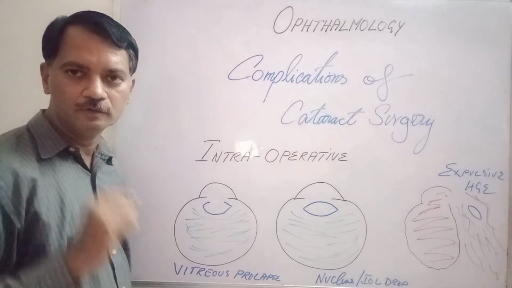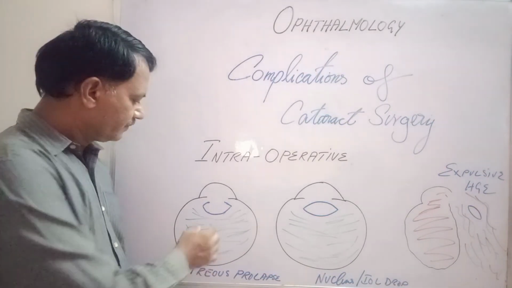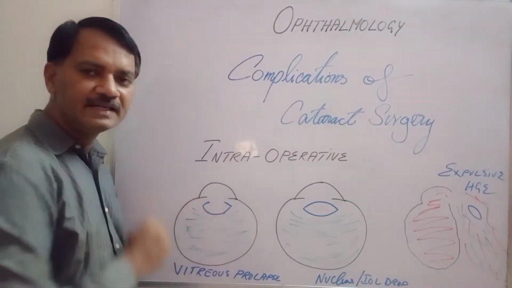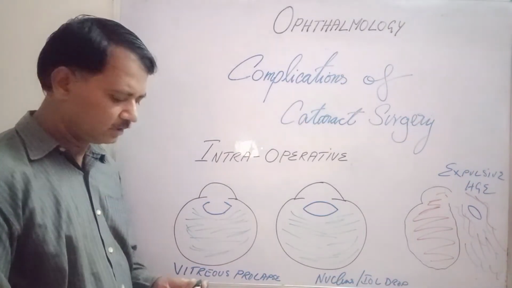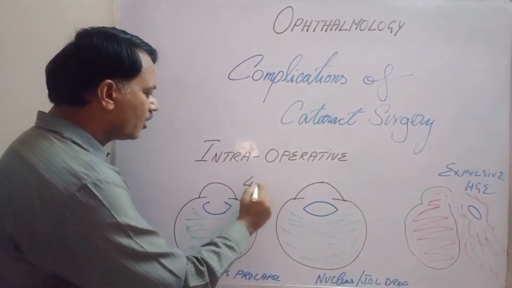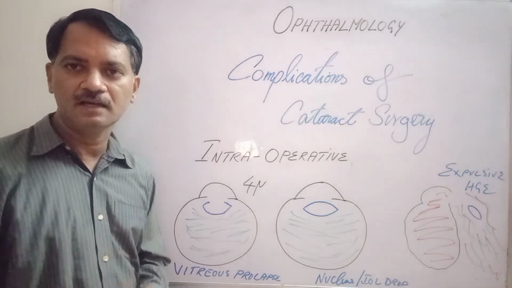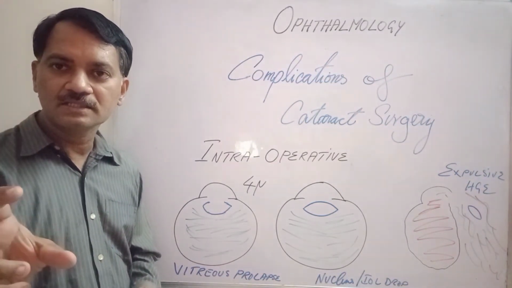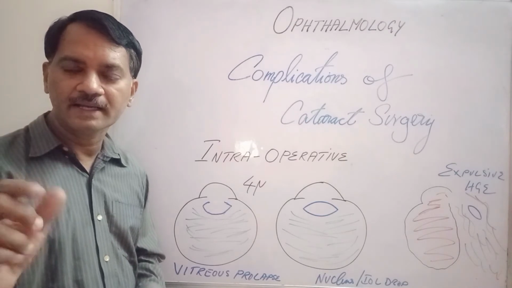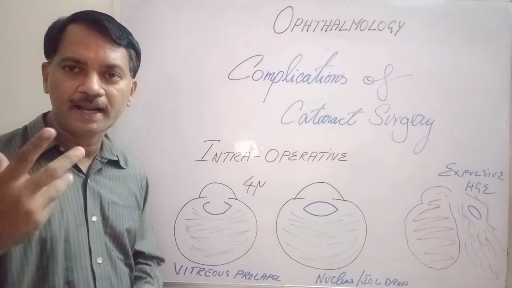That is what we do. The posterior capsule, which is intact, is only about 4 microns in thickness. It is a very thin structure. Within this area, we are doing the cataract extraction and implanting the IOL.